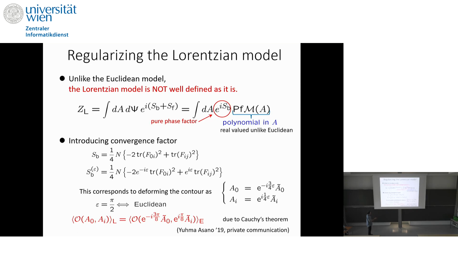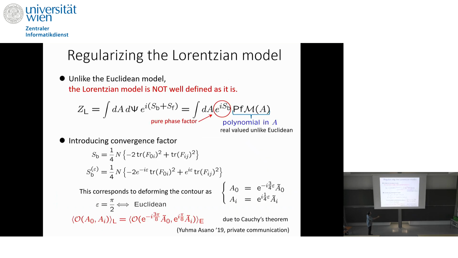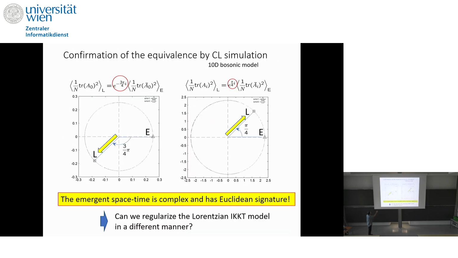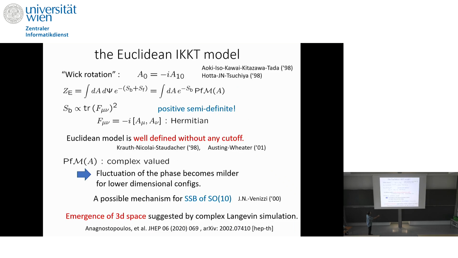So even if the observable looks positive definite, because of the weight, which looks like this, well, in the Lorentzian model, you can get complex expectation values. On the other hand, in the Euclidean model, you get real positive values because the weight, as you see here, is positive definite.